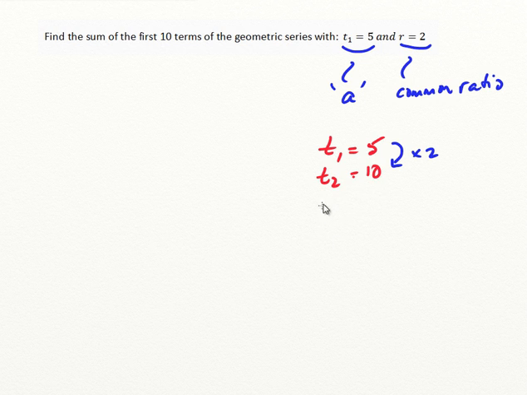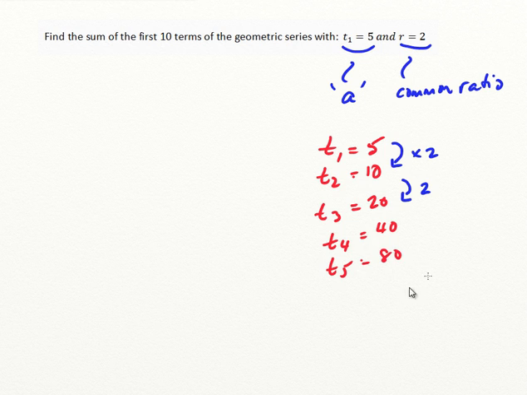And then to get t3, we would repeat the multiplication by 2 again, and we would get 20. t4 could be found by repeating the multiplication and getting 40. t5 could be found, again, 80, and so on and so forth.